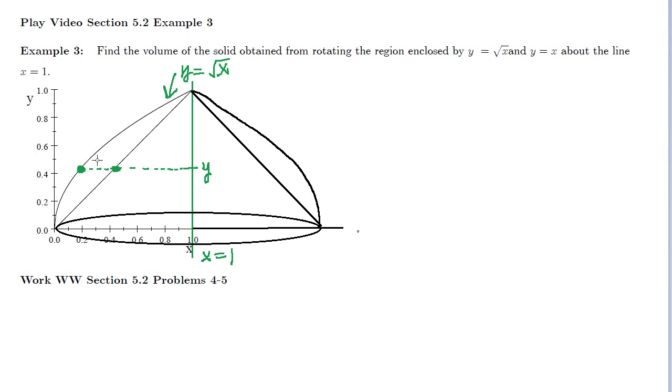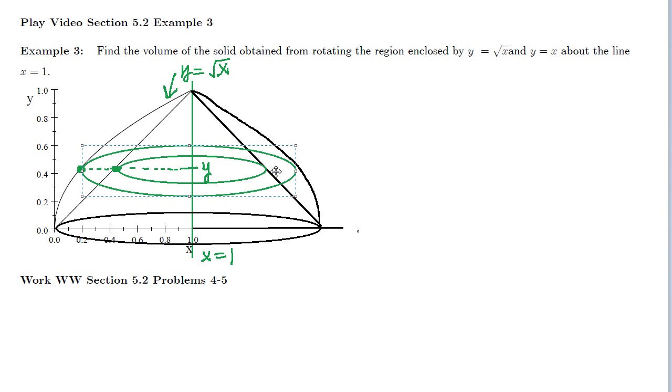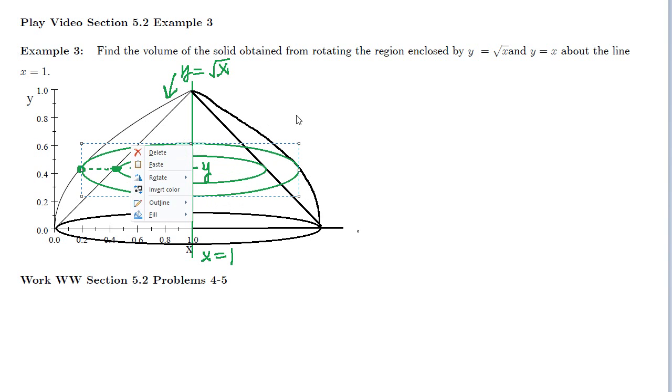So that washer is going to look like this on the inside, and then on the outside, it's going to have a thickness, dy. So that's going to be the height of that washer.